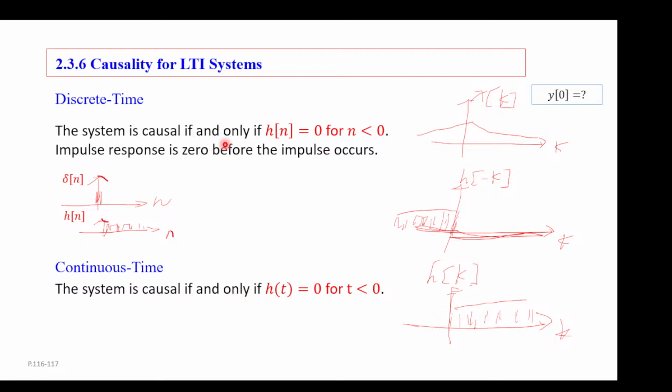Okay, so that's the derivation. So you think about y of 0, then you see that h of minus k for k greater than 0 should be all 0, and that means h of k for k less than 0 should be all 0. So these parts are all 0. That's the important thing.